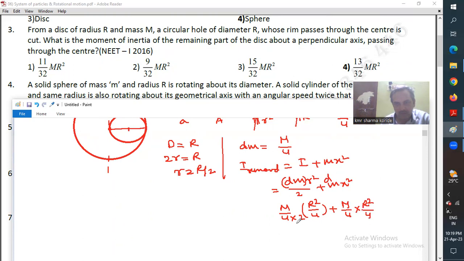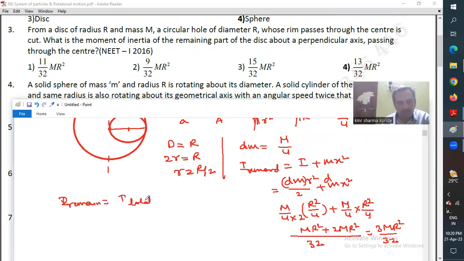Then here 8 and 32, 32 will be the LCM. Then m R square. This is 16, so 2 m R square. So altogether this is 3 m R square by 32. Now the remaining portion is total minus removed.